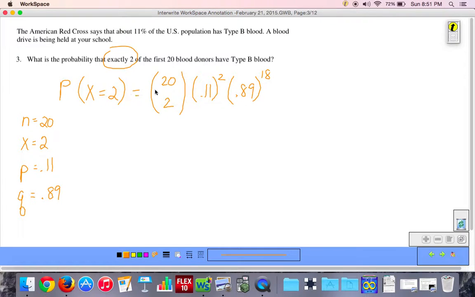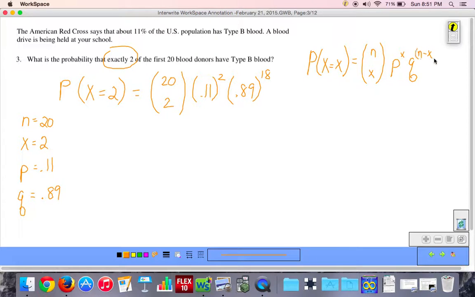So just in case you haven't looked at the Chapter 17 notes, this would look like P of x equal to x would be n choose x, p raised to the x, q raised to the n minus x.